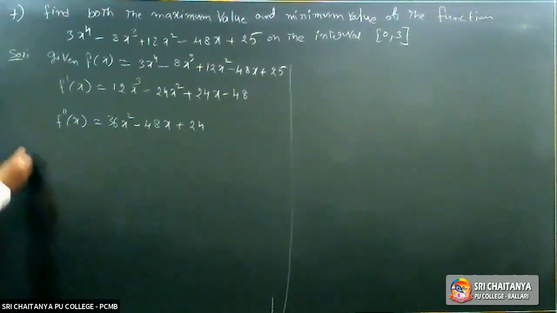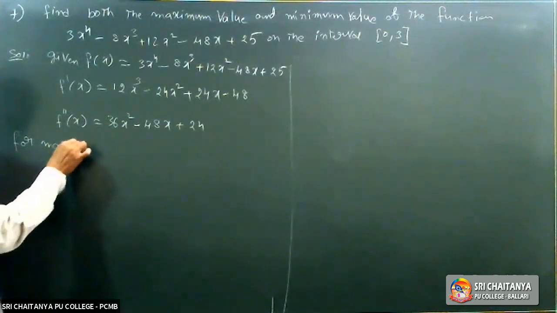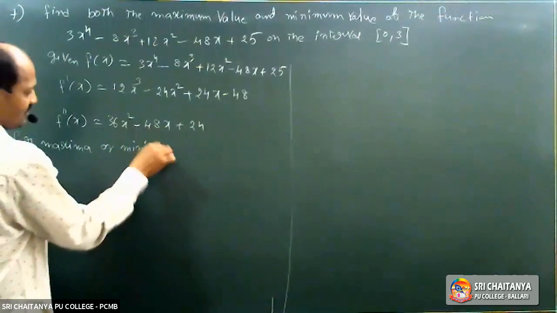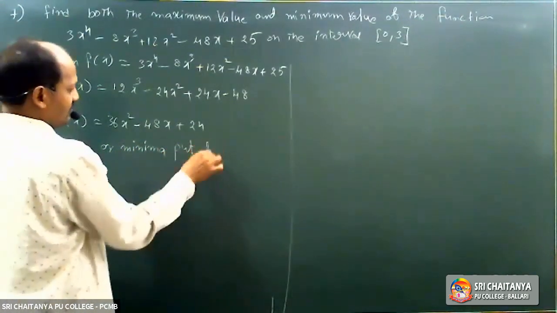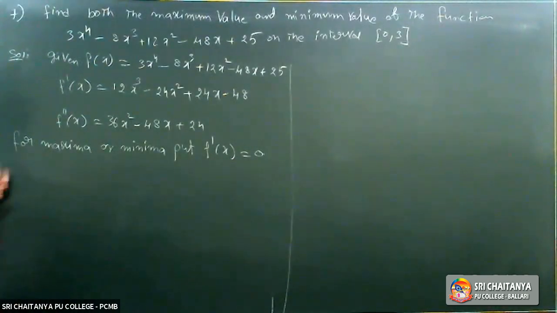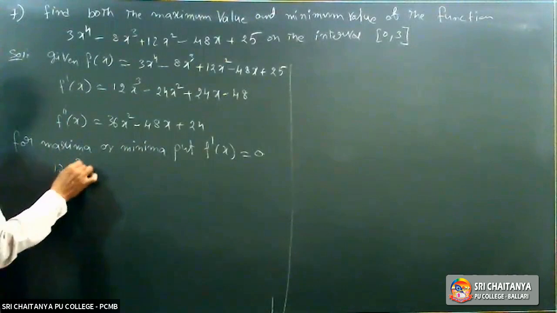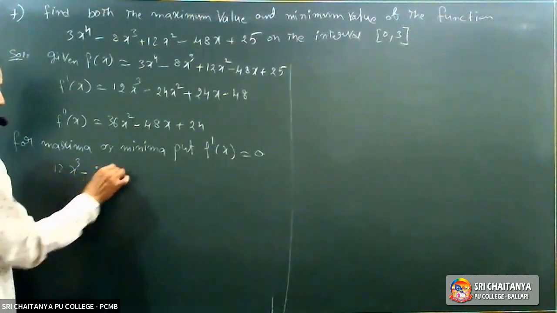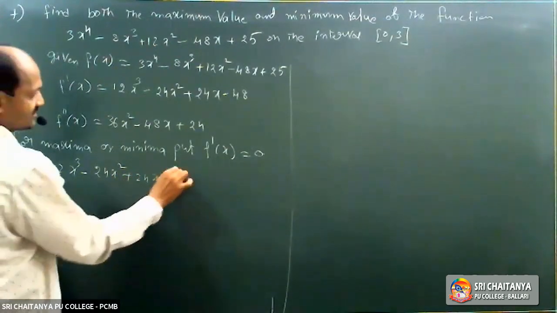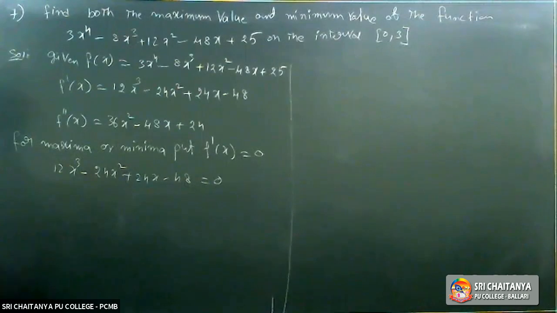So for maxima or minima, put first derivative equal to 0. What about first derivative? It is 12x cube minus 24x square plus 24x minus 48 is equal to 0.